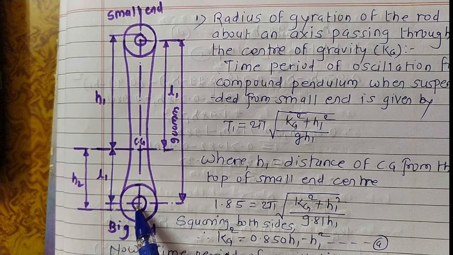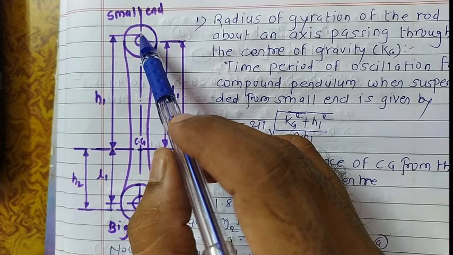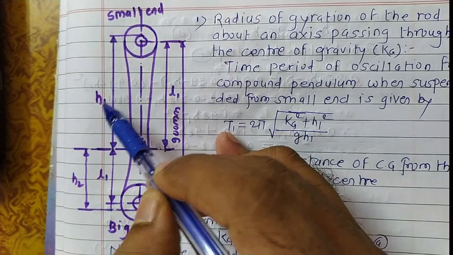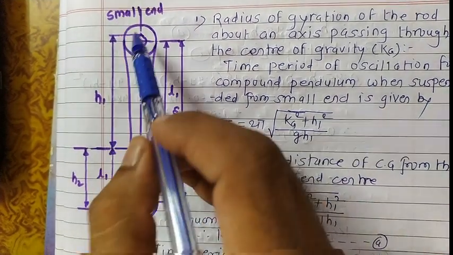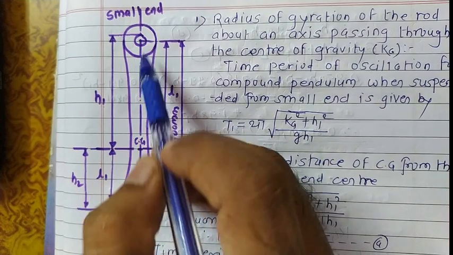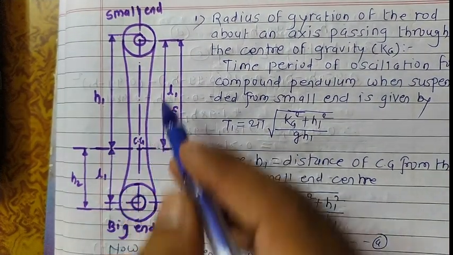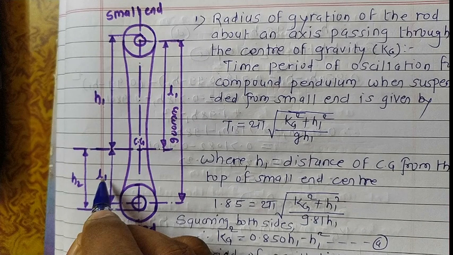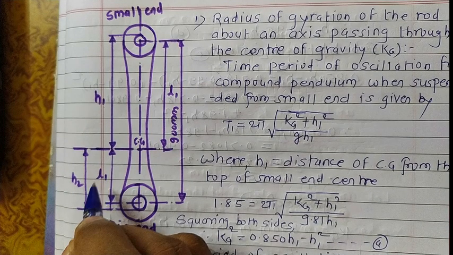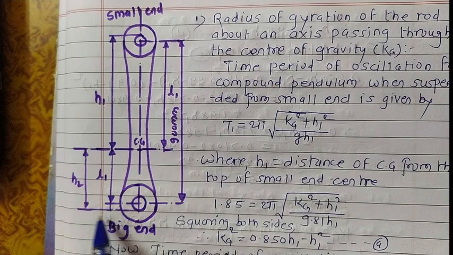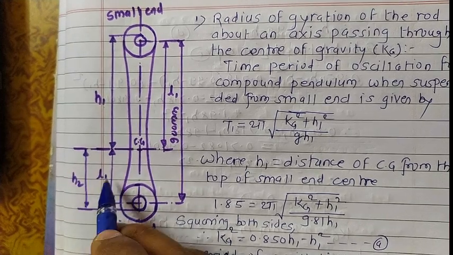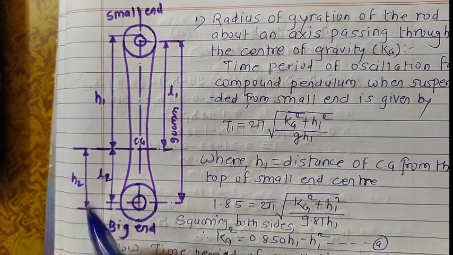The distance between the top of the small bearing up to the center of gravity point is H1, and the distance between the center of gravity point and the center of the small end is L1. Next, this distance from the center of gravity point up to the top of the big bearing, at the big end, is H2, and this one is L2.